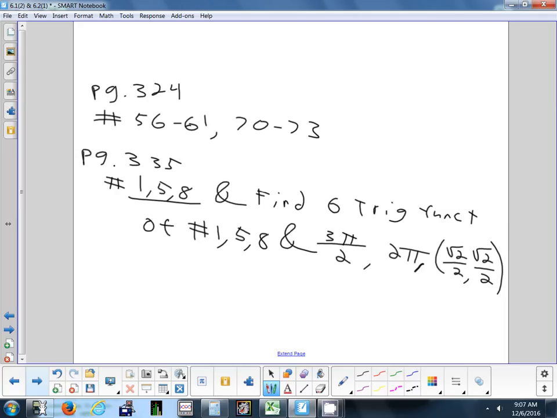Okay? And these other 3 problems I'm giving you here. Okay, so you've got 1, 2, 3, 4, 5, 6 problems where you're going to find sine, cosine, and so on. Okay, so there should be 36 different answers for page 335. But they don't take long to do. Okay, they're just the ones and the zeros. Right?